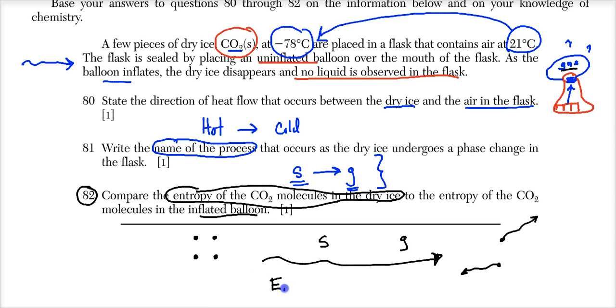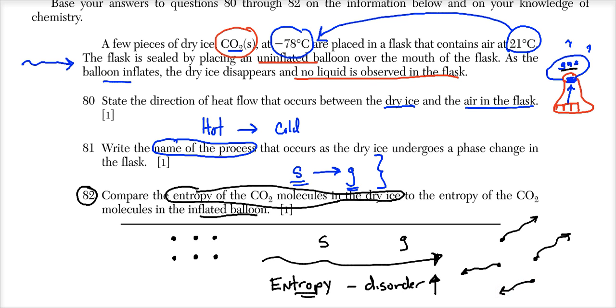And entropy is a measure of chaos or disorder. So we can see that the entropy, or the disorder, or the chaos clearly is increasing as a solid, which can only vibrate in its fixed position, changes into gas molecules that can fly around the room at hundreds of miles an hour.